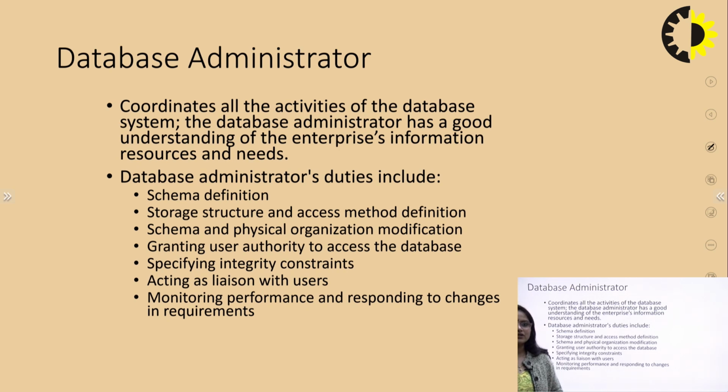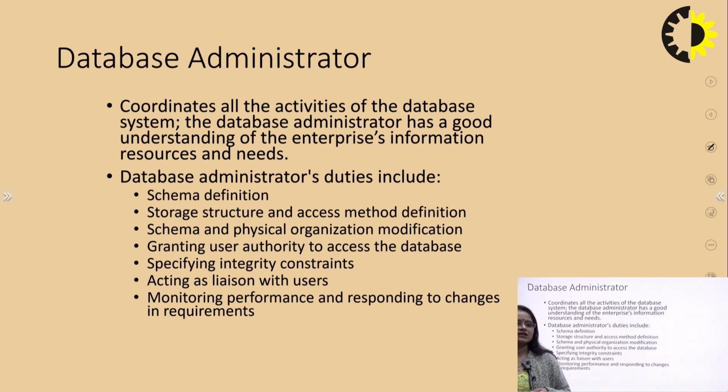Database administrator: what is the role of the admin? They coordinate all the activities of the database system, and the database administrator has a good understanding of the enterprise's information resources and needs. Basically they play the main important part in coordinating the activities going on around the database and the data and the relationships between the data.